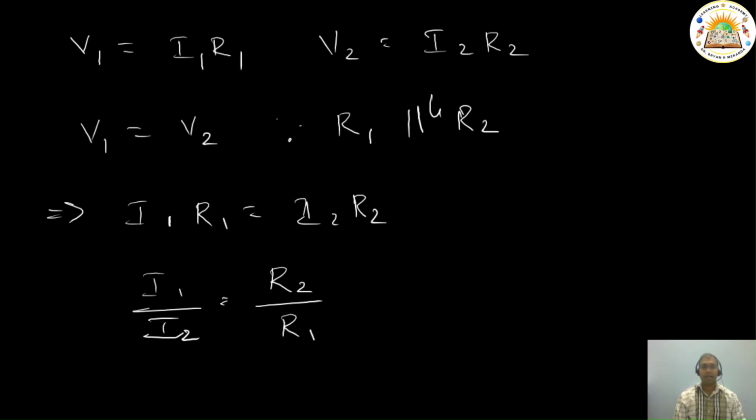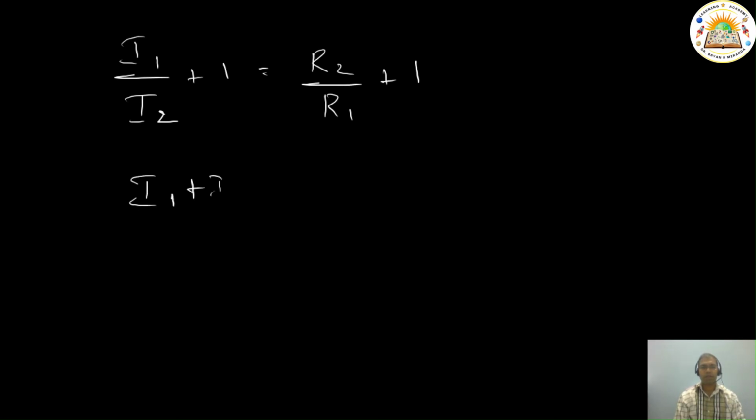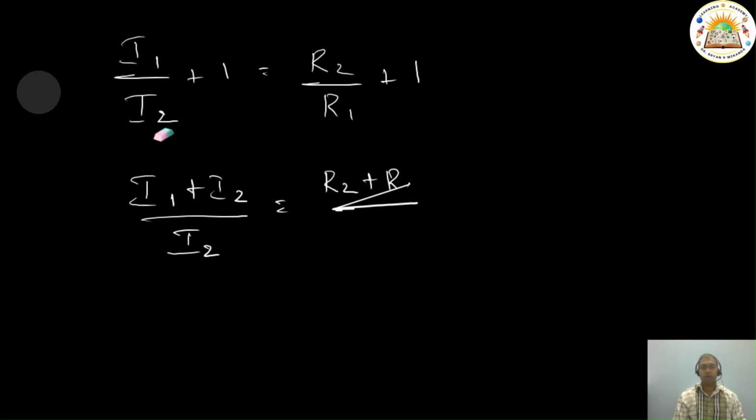Now let us add 1 to both the LHS and RHS. So I can see I1 by I2 plus 1 is equal to R2 by R1 plus 1. Let's take the LCM. I1 plus I2 by I2 will be equal to R2 plus R1 by R1.